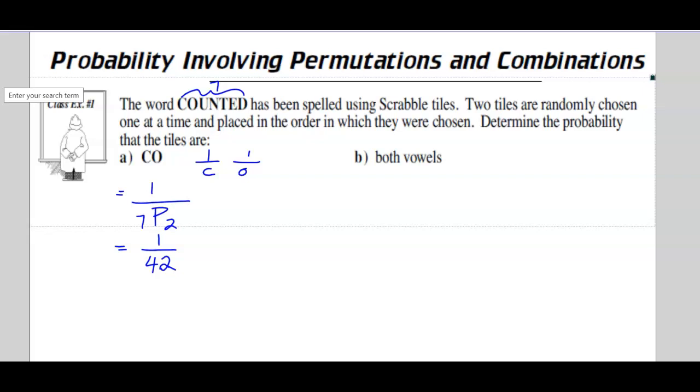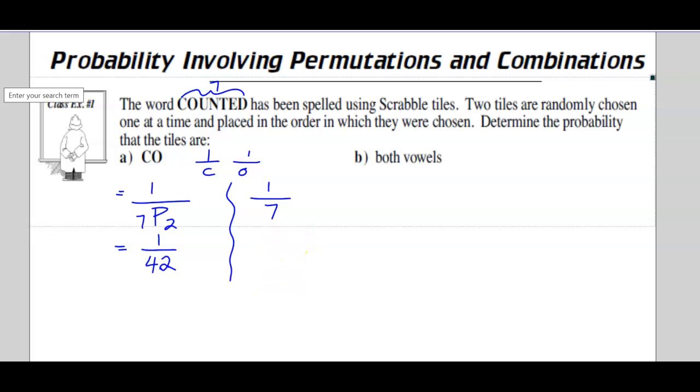Another way you can think about it is to think about actually doing that experiment where you have 7 tiles and you put them in a box and you randomly choose. What's the probability that you get a C? Well, there's 1 C out of 7 letters in that box.